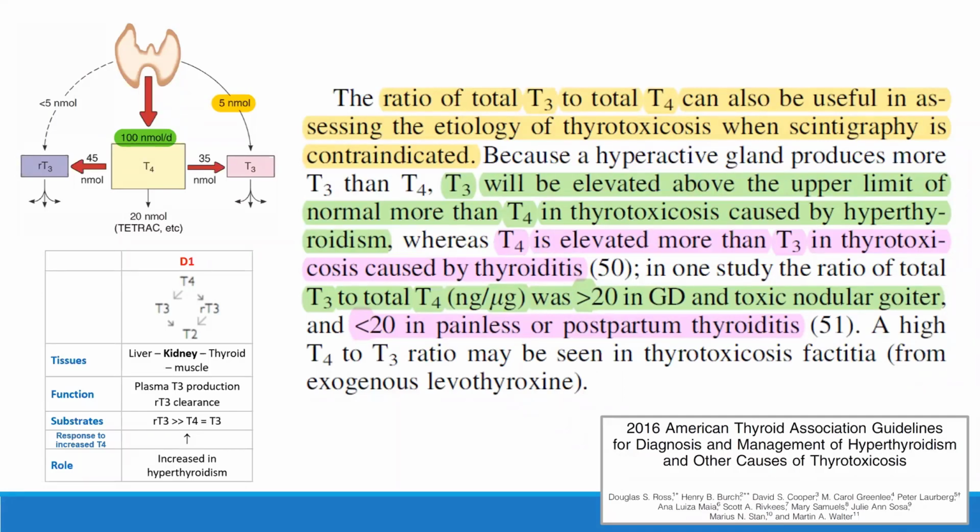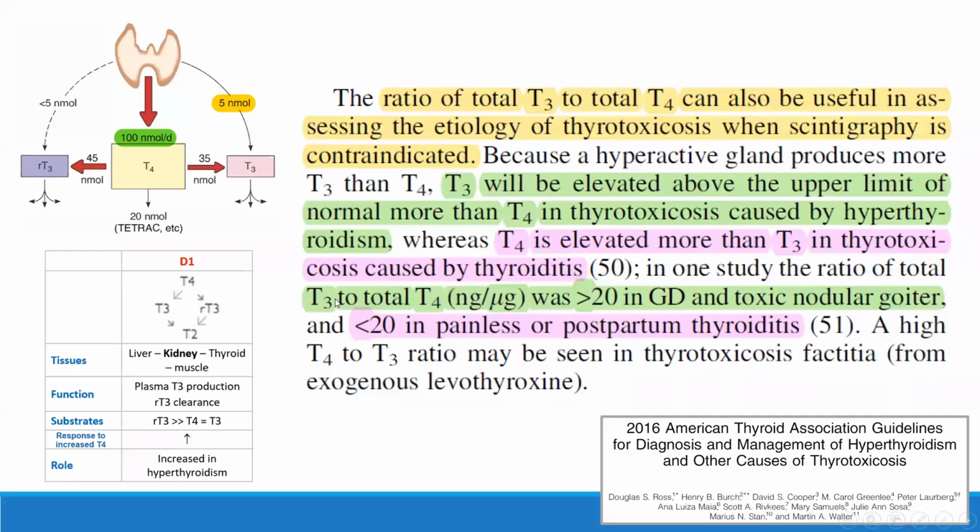The best one is radioactive iodine uptake, for example, with a thyroid scan. But a thyroid scan is not available in most centers, and in some situations a thyroid scan is contraindicated, for example in the case of postpartum thyroiditis. How to differentiate between these two conditions? The American Thyroid Association guidelines published this paragraph.